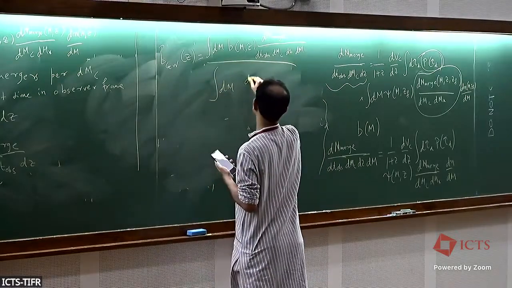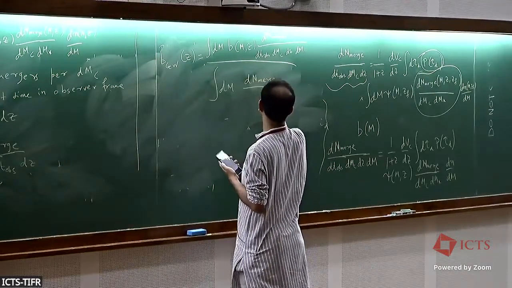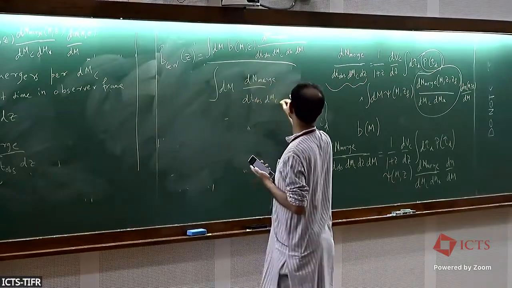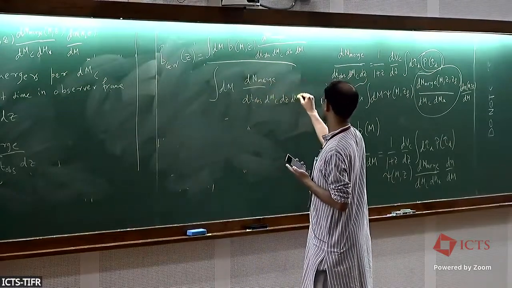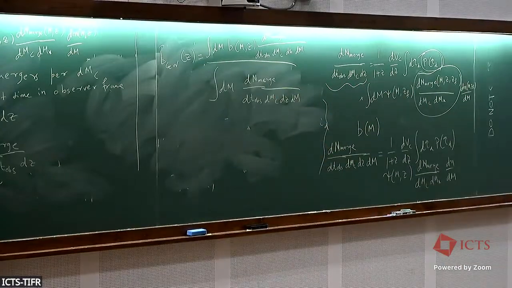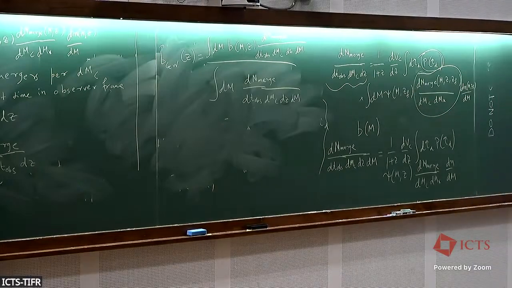Yeah, I have written it probably. So this is the bias of gravitational wave events, and it has all this information hidden in there. So the hope is someday we will be able to measure this as well.